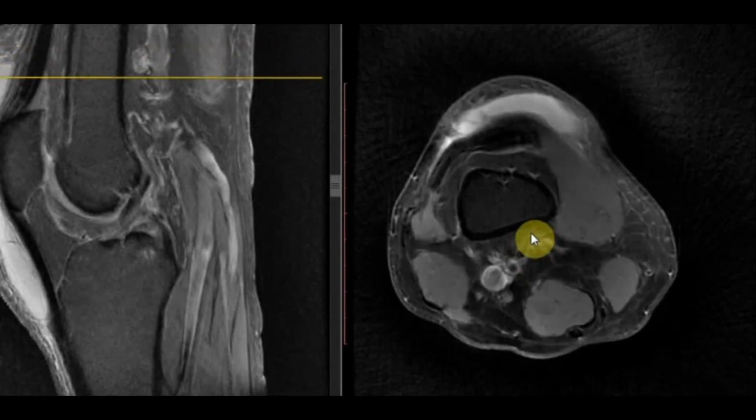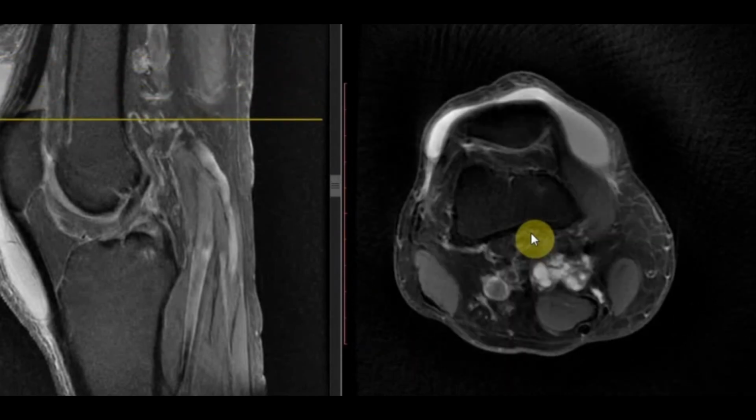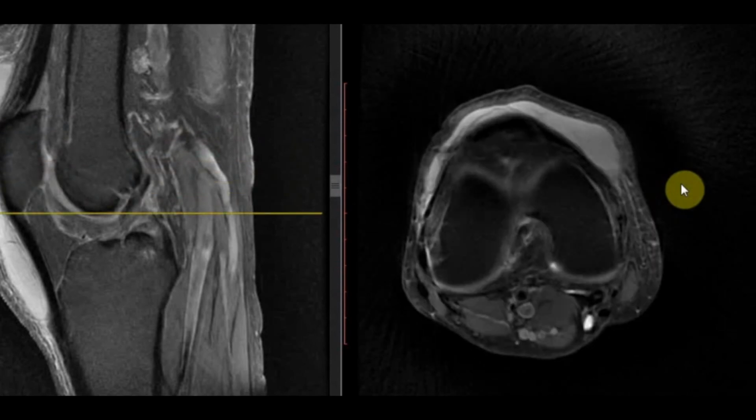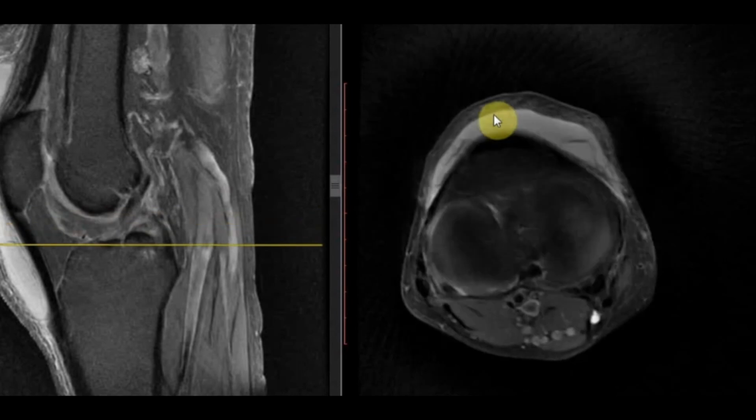You can see that in the axial plane also. So there is a large collection, and it is also extending in the mediolateral extent. And there are multiple internal septations. So this is a complex fluid collection.